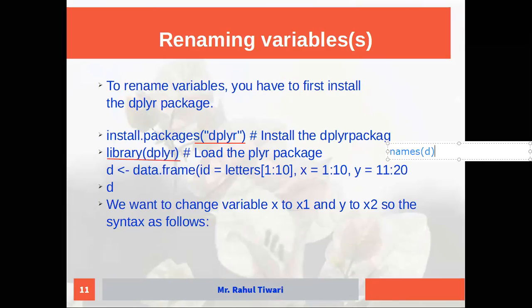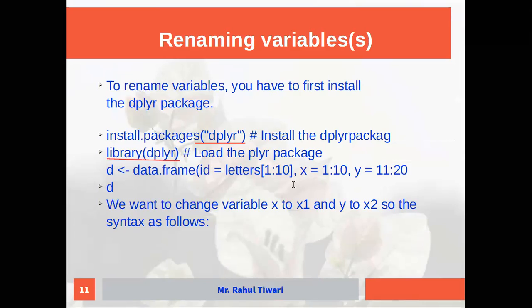That will be X, Y, and ID. Now I am interested in changing the variable, or you can say column. I'm interested in changing the column name X to X1. I hope you get my question.